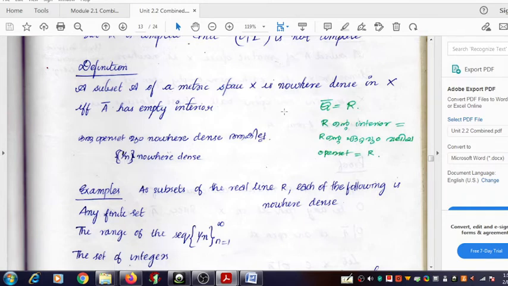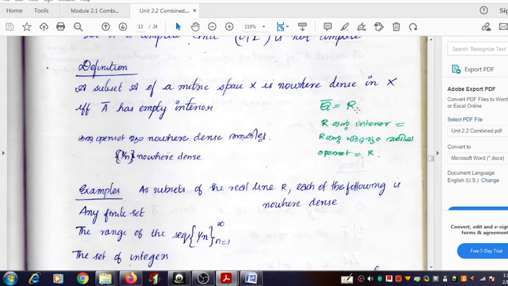Next, you take the set of rational numbers Q. When we take its closure, the closure of Q equals R, and its interior is not empty. Actually, its interior is not empty. It contains infinitely many open sets. The interior of R is R itself.